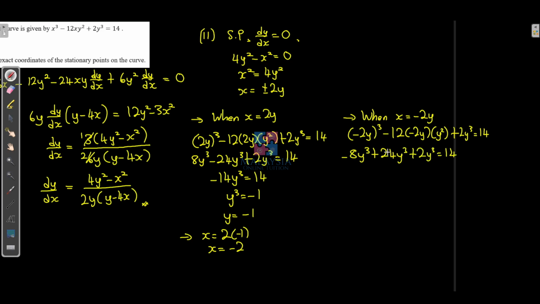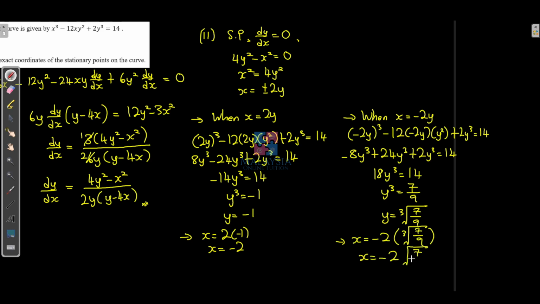So negative 8 plus 24 is 16, 16 plus 2 is 18. So 18y cubed equals 14. Y cubed is going to be 14 over 18, which is 7 over 9. So for the y coordinate, that is going to be cube root of 7 over 9. Then what is the x coordinate? Negative 2 of what you have just now, cube root of 7 over 9. So our x is negative 2 cube root of 7 over 9.